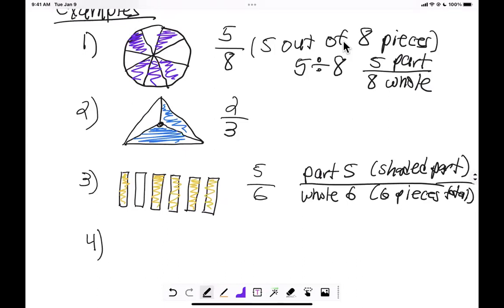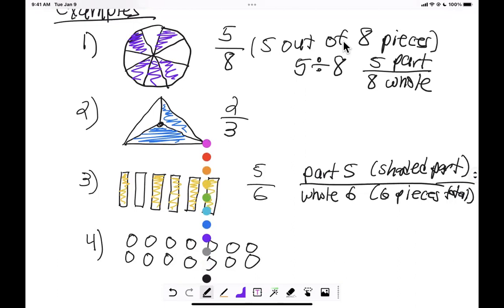Okay, so I can do now again, these are all the same size, even though mine are going to look a little different. Okay, and I'm going to shade.